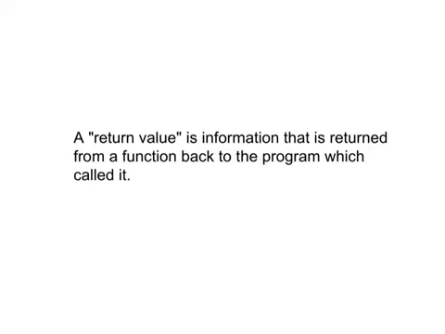And a function can even return more complex data. So whenever you call a function that has a return value, what happens is, as soon as the function is done, it is going to send that return value back to the program that called it, and you can use that information.